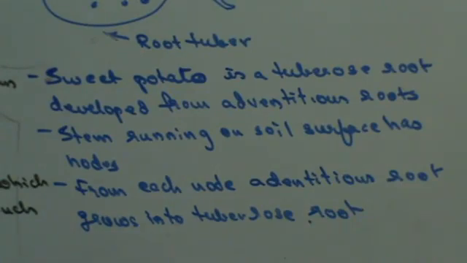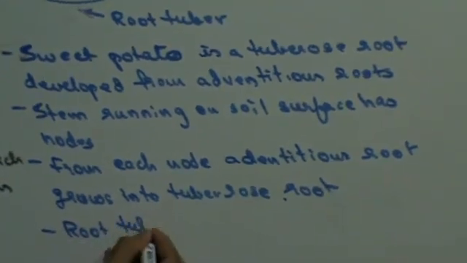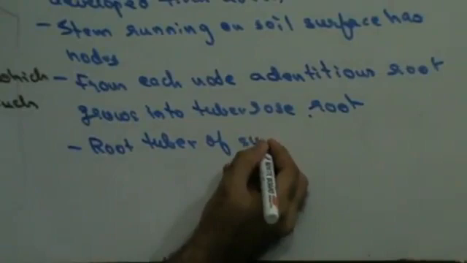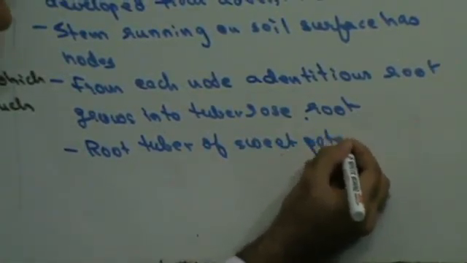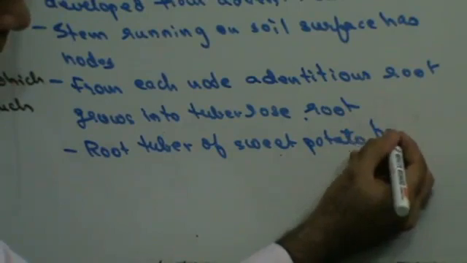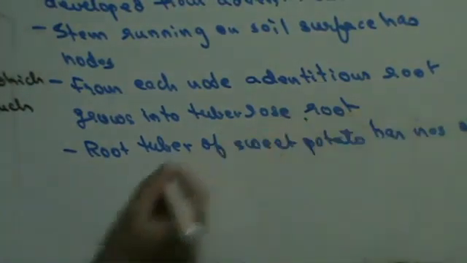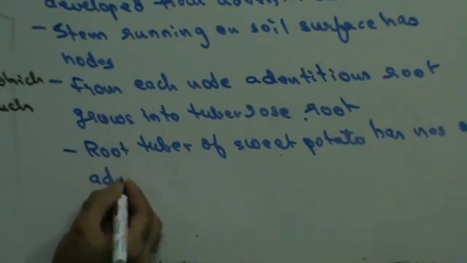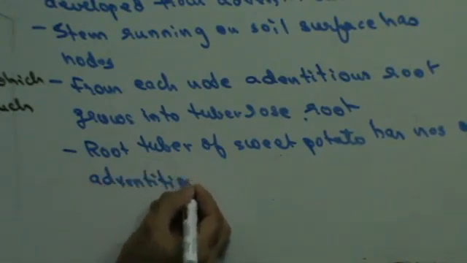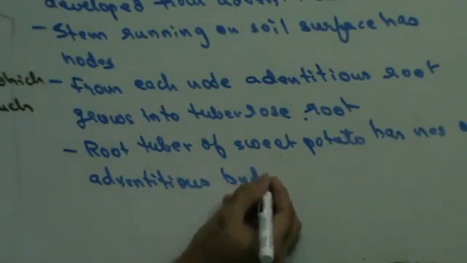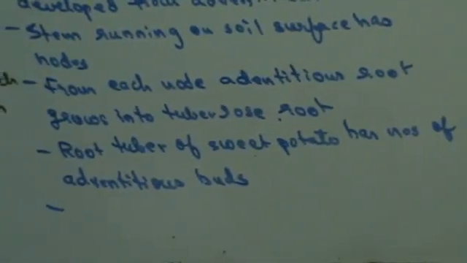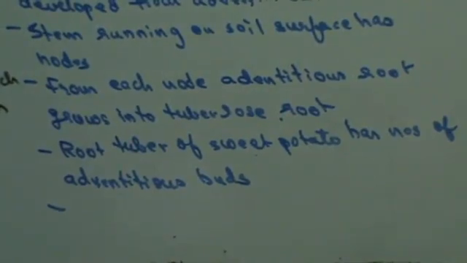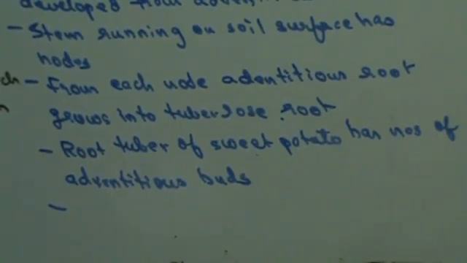The root tuber of sweet potato has a number of adventitious buds, right? The old tuber gives rise to a new plant through its buds, which are called your radical bud.